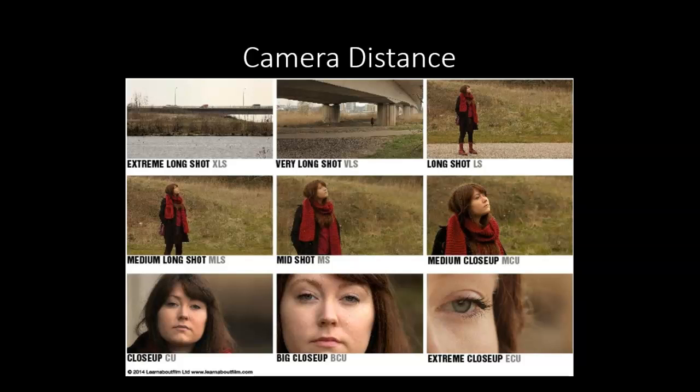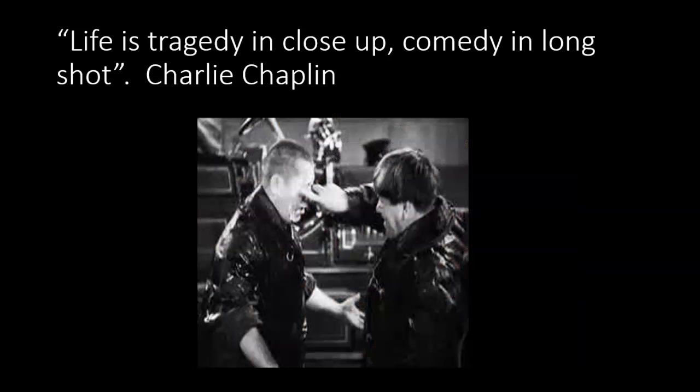You've got this already in one of the Edpuzzles, or you will shortly if you haven't seen it. And so the rule of thumb happens to be that the closer you get to a subject, within reason, physically, the closer you get to the subject emotionally. And so Charlie Chaplin said famously something like, this is a paraphrase, life is a tragedy in close-up and a comedy in the long shot.